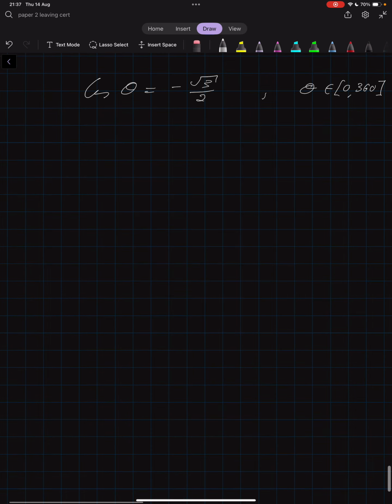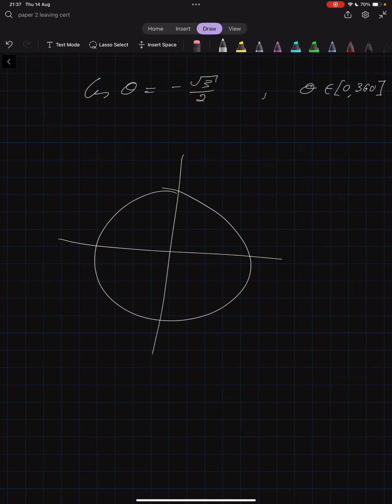So what you do is, you draw your unit circle. Remember, cos is the x value. So when is the x value equal to minus root 3 over 2? It's somewhere over here, so it's going to be there and there. Now remember, I always said if there's a root 3 involved, the angles are either 30 or 60. In this case, it's 30.